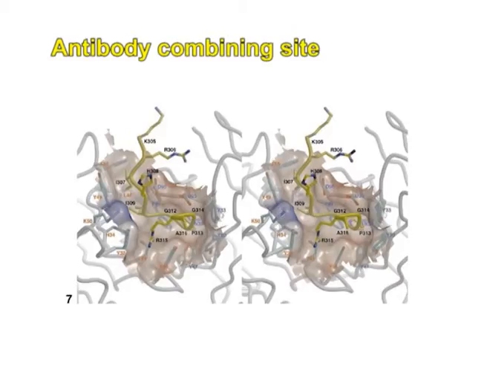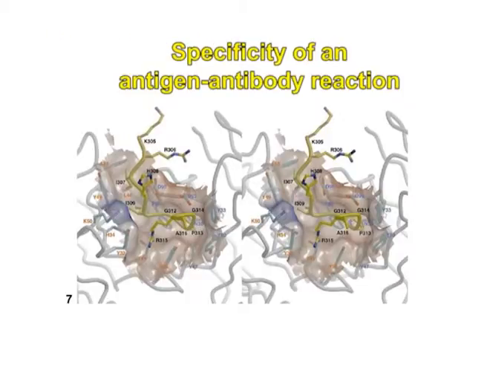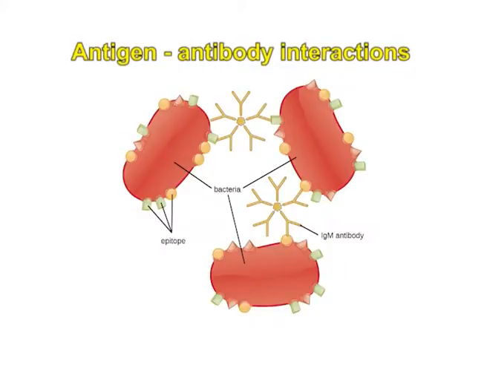Coming to specificity, the ability of an individual antibody combining site to react with only one antigenic determinant is referred to as the specificity of an antigen-antibody reaction. In nature, antigen-antibody reactions are highly specific, that is, one antibody can react only with its own antigen molecule.